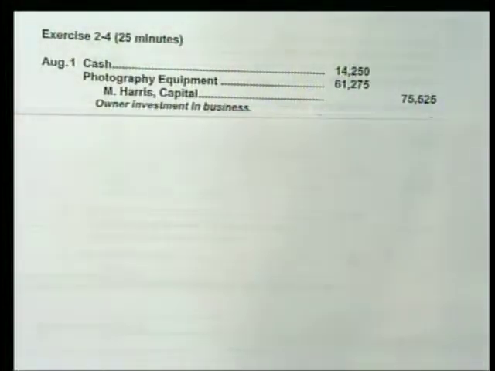Well, cash and photography equipment are both increased in this situation. How do I increase cash? Cash is a debit balance account. Thus, it increases when I debit it. Same thing with photography equipment. If I want to show the increase that occurs in this transaction, I need to debit it.